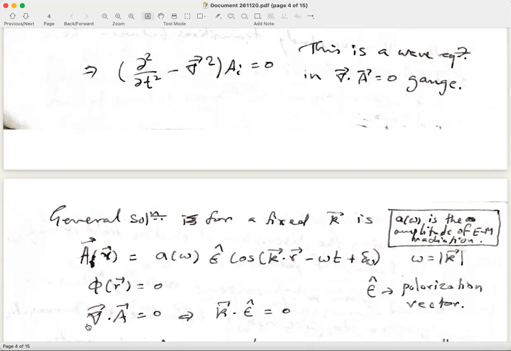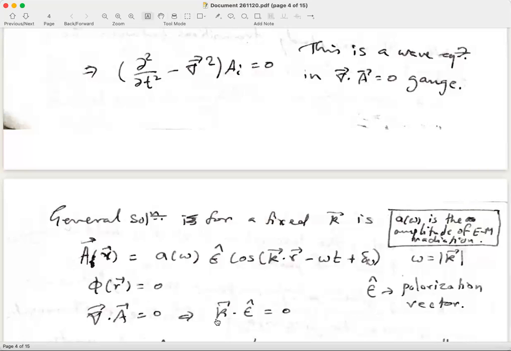And the del dot A equals 0 condition tells us that when you take the derivative of this, you get a k outside, so you have to set k dot epsilon hat equal to 0.